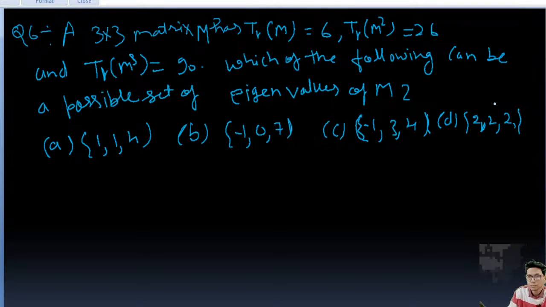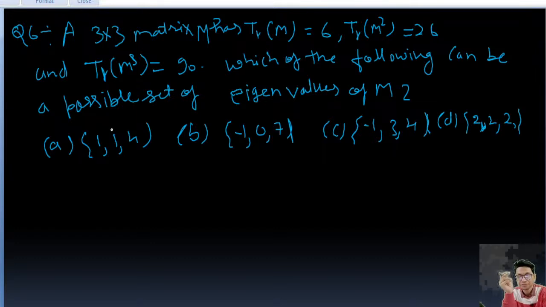Okay, so these are the options which are given, right? So we'll read the question again.